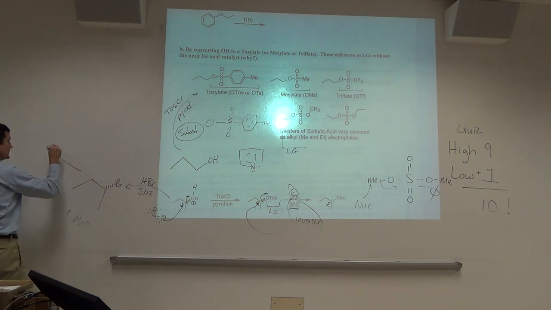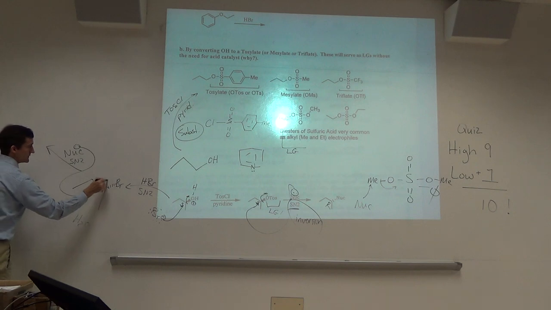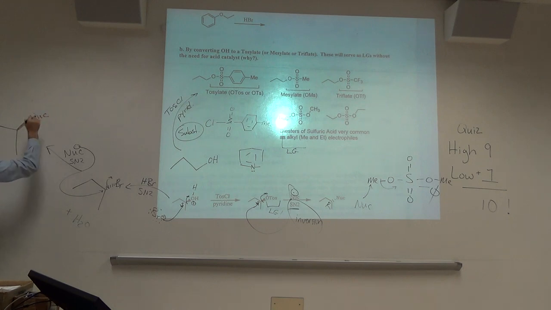Now if I react this with a nucleophile, with an SN2, what do I get? This comes in here and we get what? We get the nucleophile, but the stereochemistry will be inverted again.